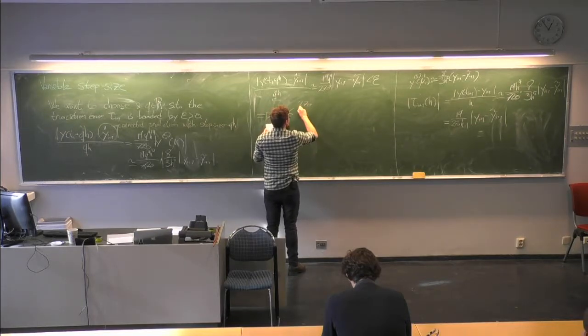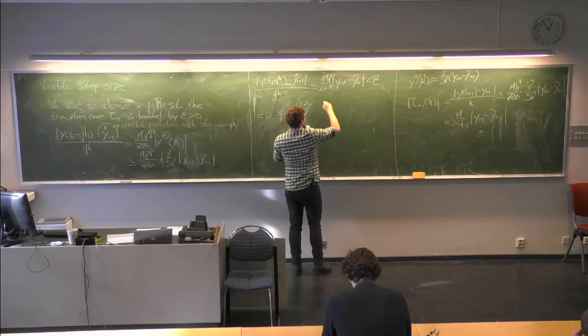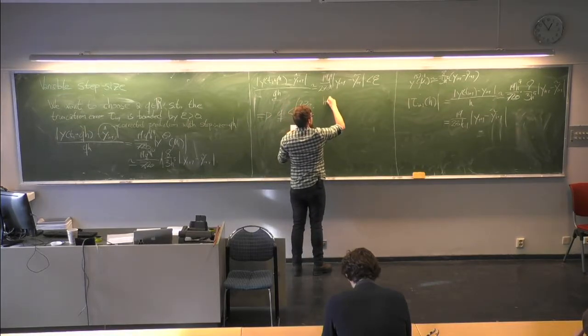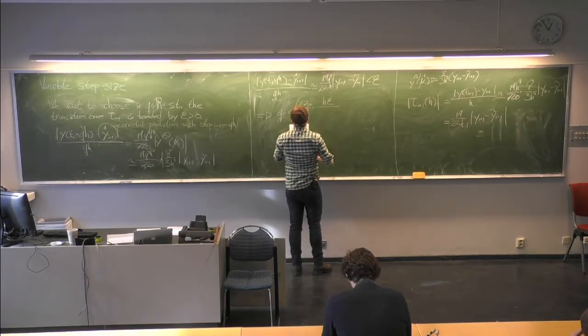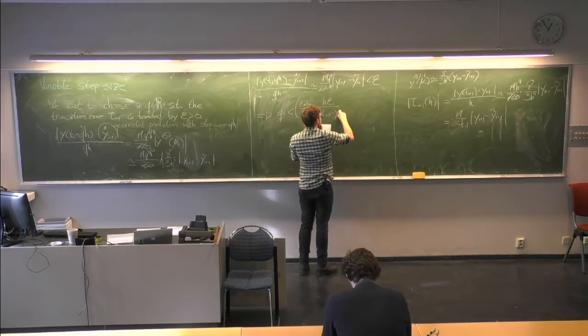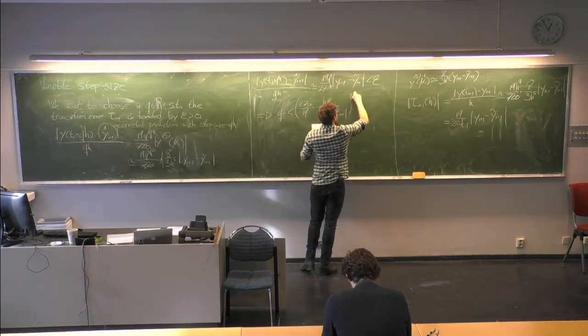The difference between the approximated or predicted and corrected values to the fourth.